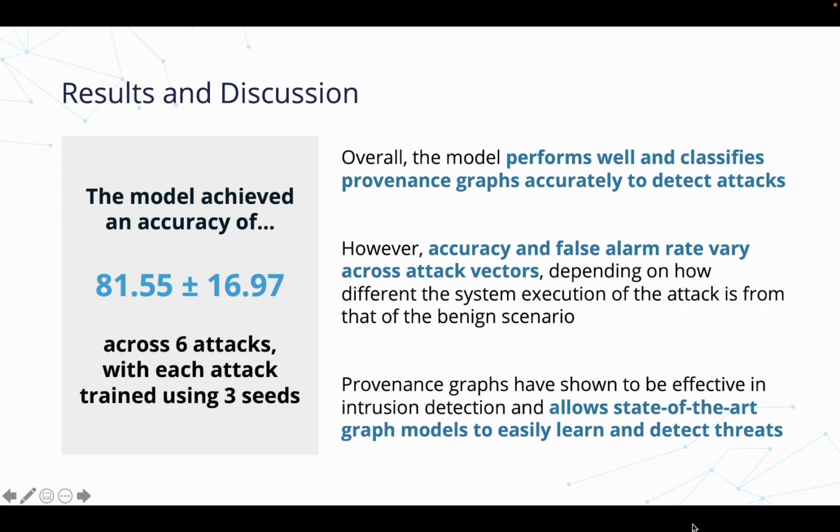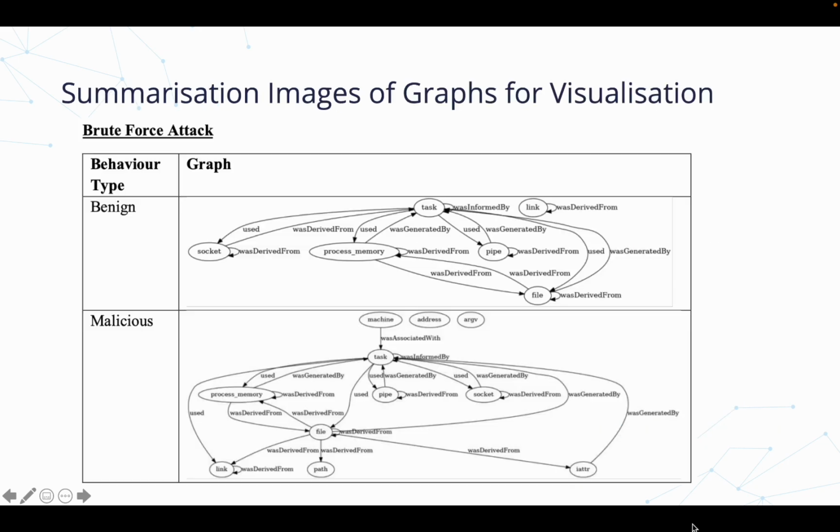And through the experiments, provenance graphs have shown to be effective in intrusion detection and allow state-of-the-art graph models to easily learn and detect threats. Summarization images of graphs for visualization are also generated as follows.